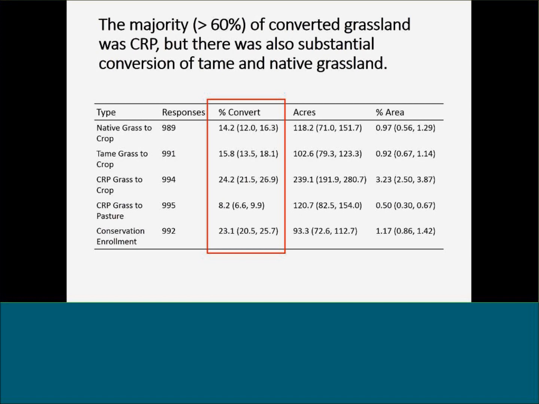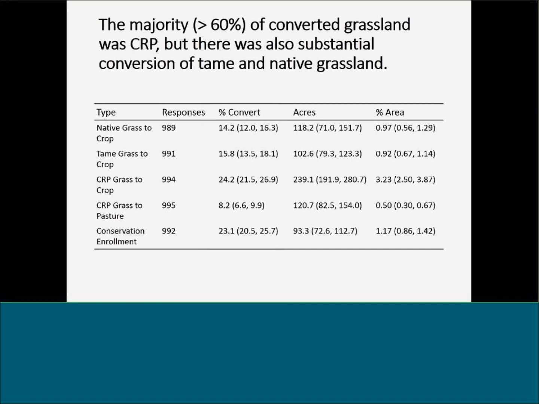But if we look at mean acres per farm, there's quite a bit of variability. In particular, operators who are converting CRP grass to crop tend to convert larger areas, whereas for conservation enrollment, the acreage tends to be relatively low, only about an average of 93 acres per farm.